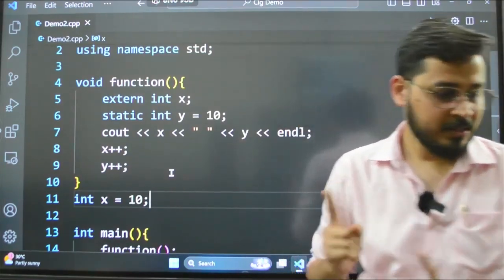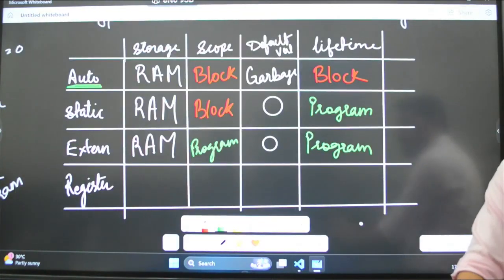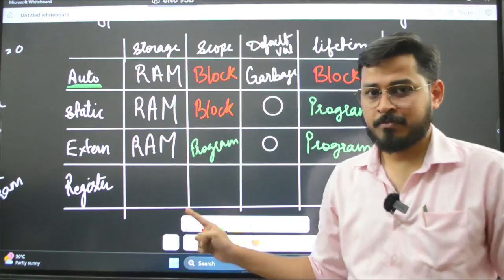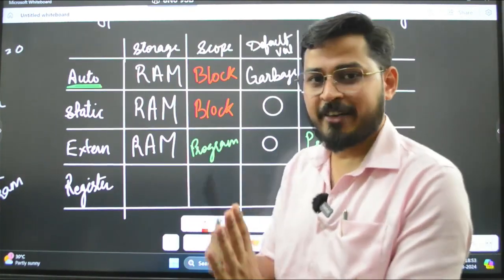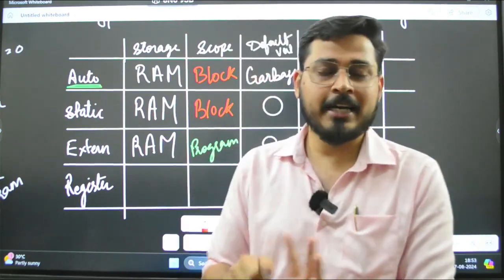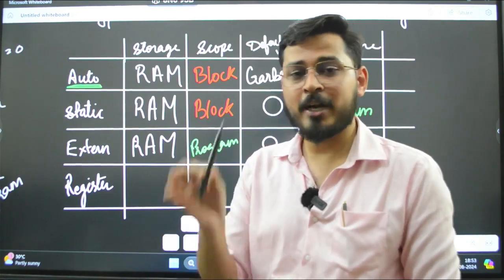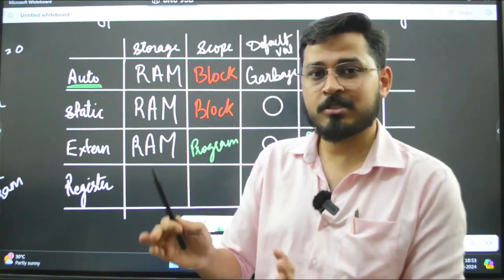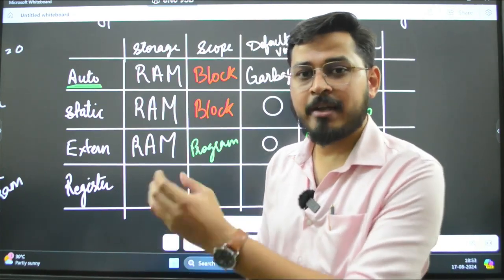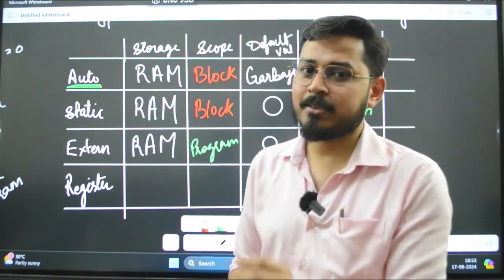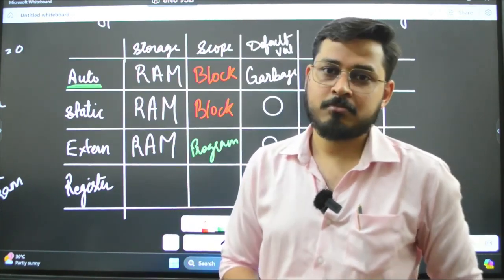Alright. Next, the last one is going to be register. So when you write register in front of any variable, let's say you said register int x, register float y, whatever. When you write the register reserved word before the data type in the declaration of a variable, that variable's storage class becomes register.